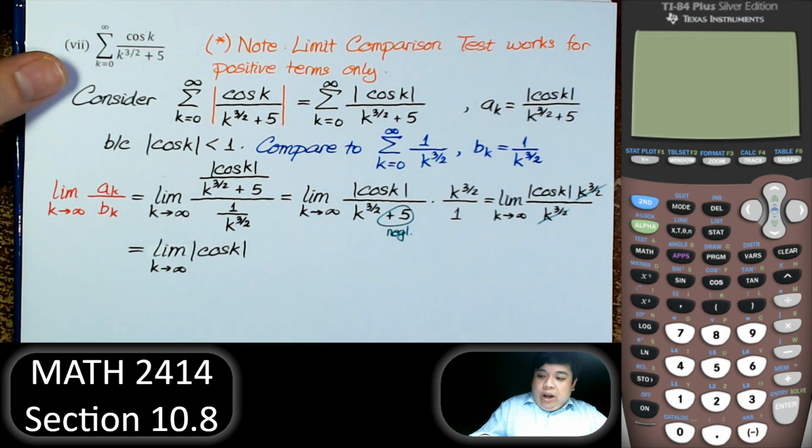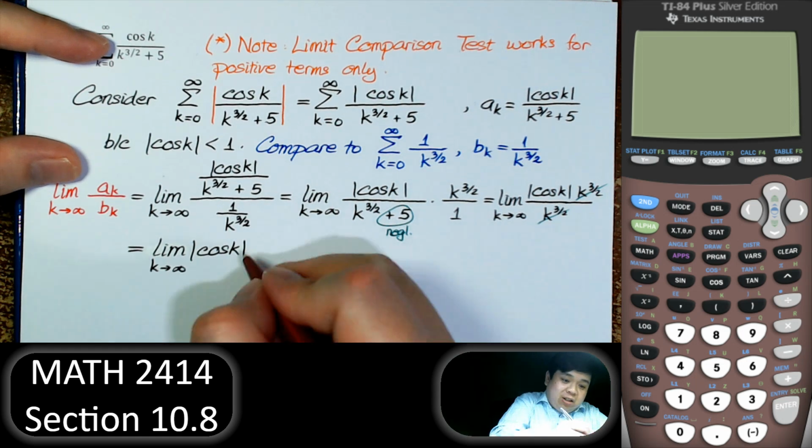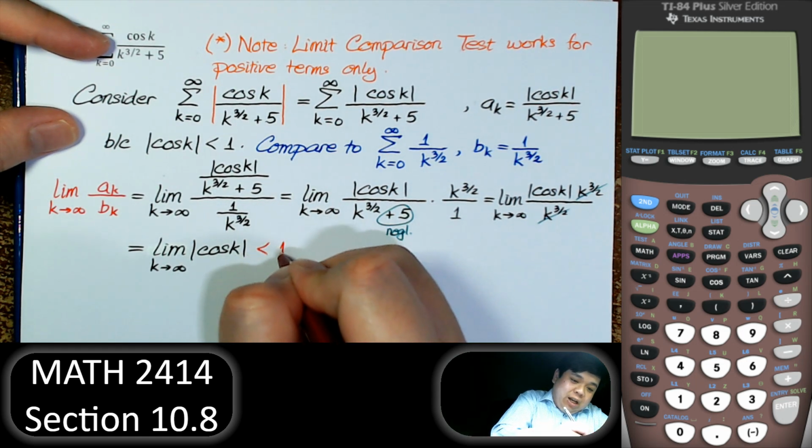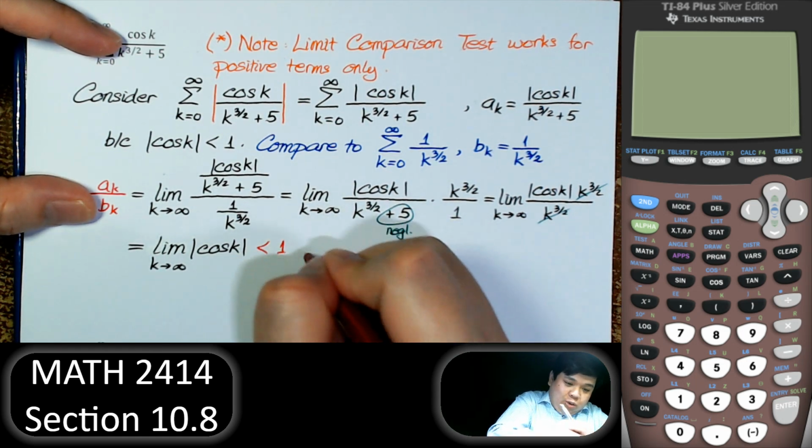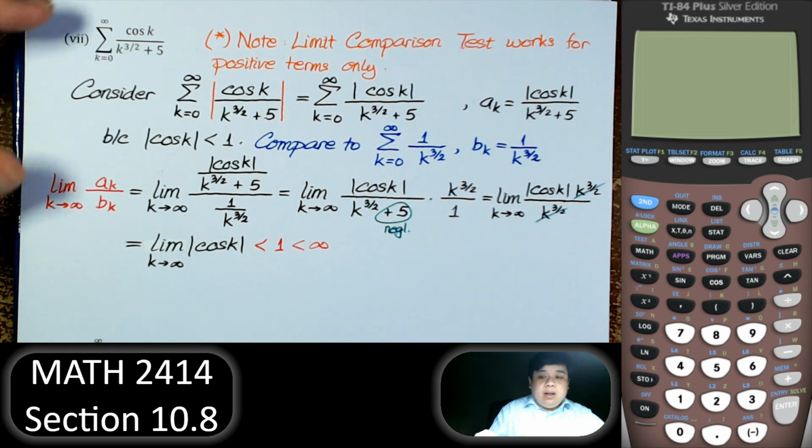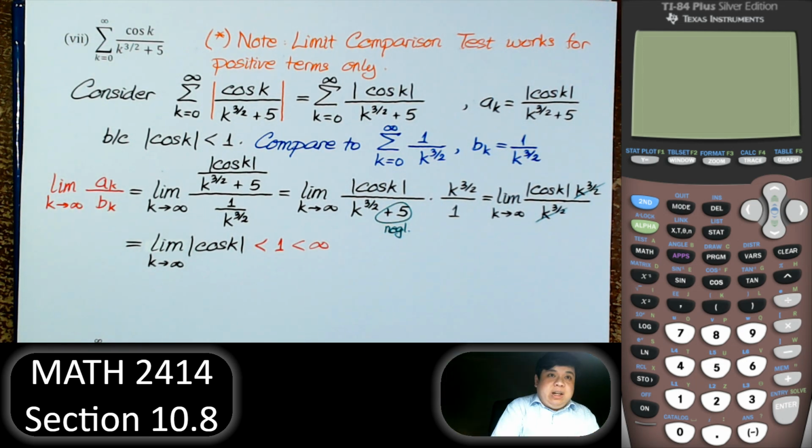Right. What we have here is cosine of k, and it doesn't matter what it is. It will be less than 1, which is less than infinity. So that means they have a comparable rate. By the way, I mentioned that it is equal to a finite constant, but in fact it doesn't have to be a constant. As long as it is between 0 and infinity, they have a comparable rate. They behave the same.